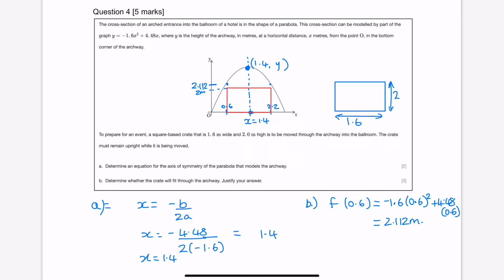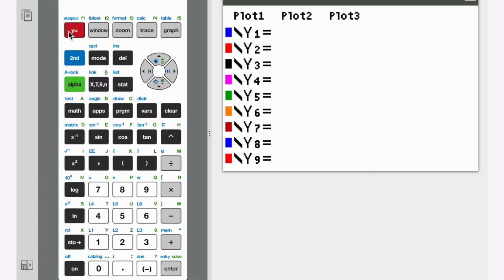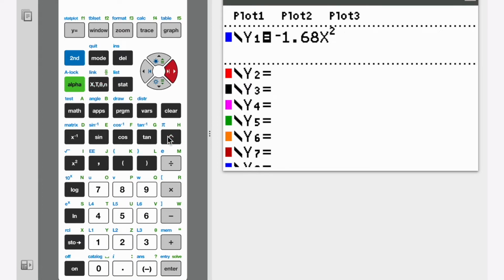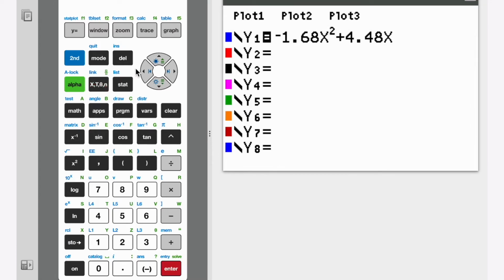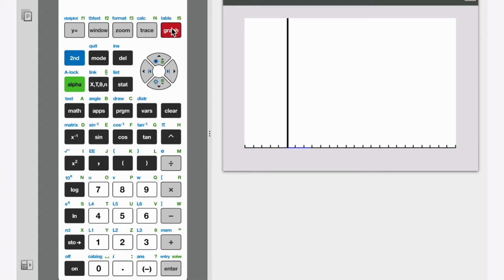The other method you could do is to plot it on your GDC. So if I draw the function, it's negative 1.6 x squared, and then I have plus 4.48 times x. And if I trace this or plot it, I may need to change my window here.